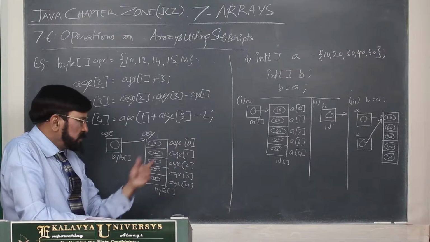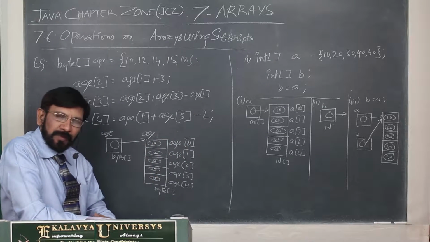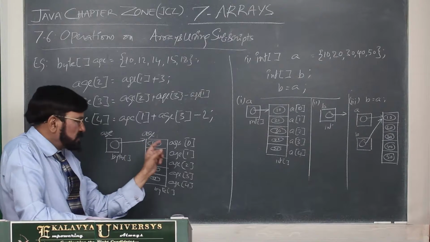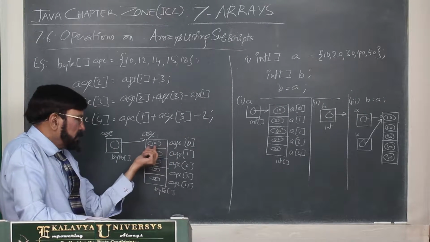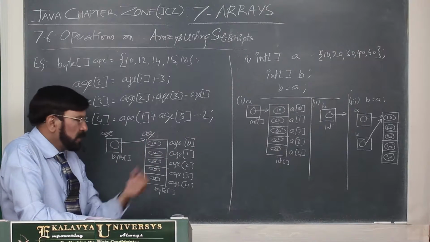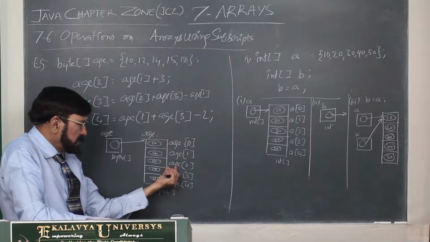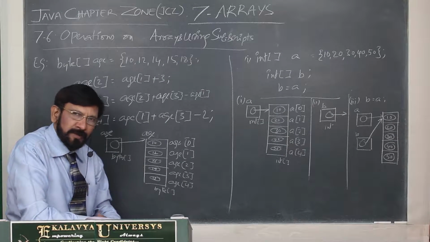The first element is accessed using the expression age 0. For the sake of simplicity it is pronounced as age sub 0: age sub 0, age sub 1, age sub 2, age sub 3, age sub 4. Like that you can pronounce.